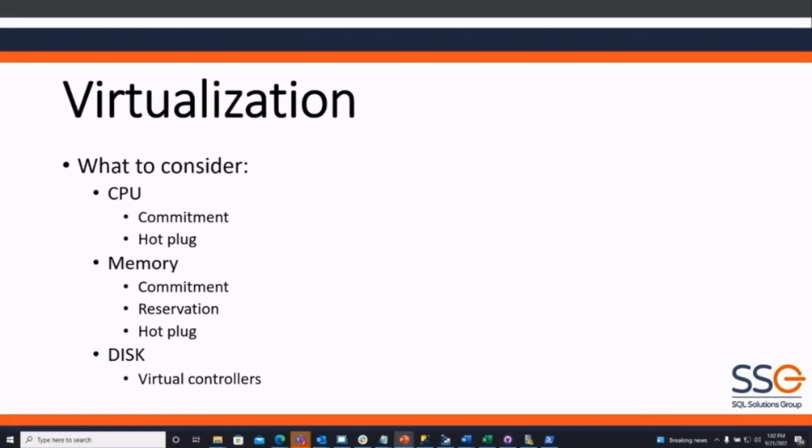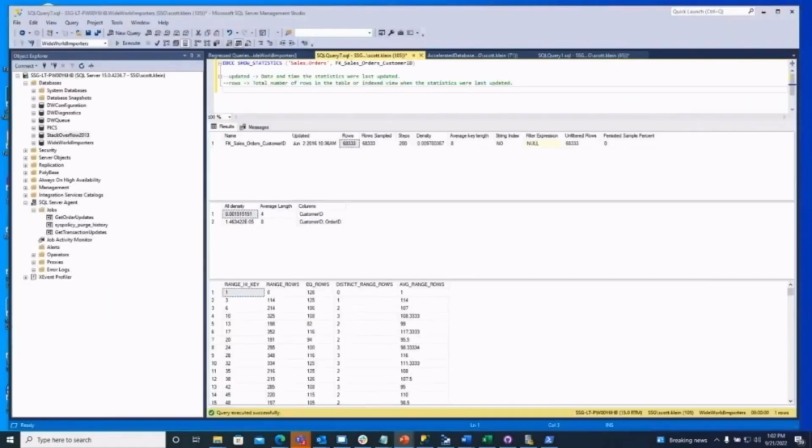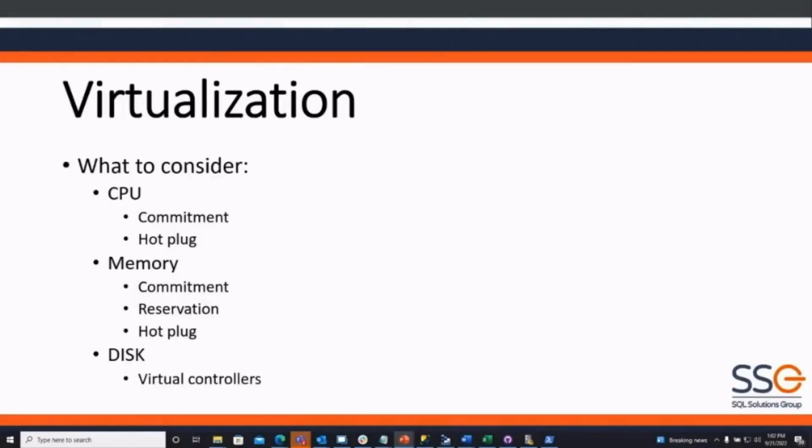And the other is on disk. We see people with really high-end back-end arrays, stuff like the Cisco UCS system or HPE hyper-converged infrastructure, all really high-end hardware. But by default, VMware, as an example, uses one disk controller, and the controller type is an LSI SAS.